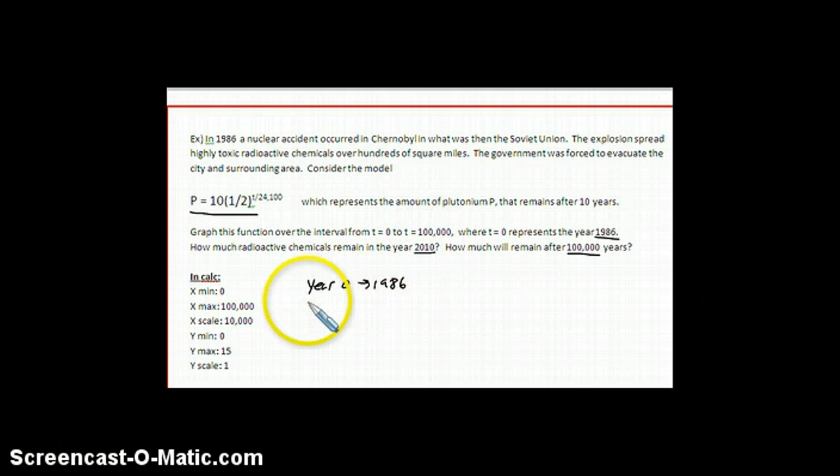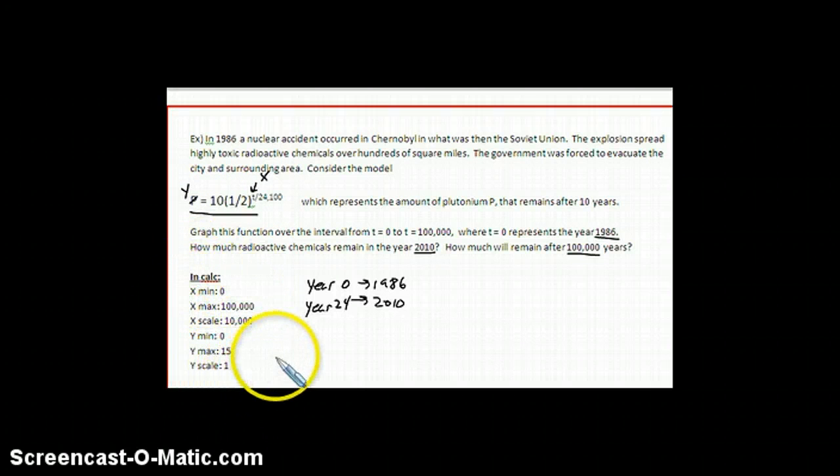Year 2010 then, since 2010 and 1986 is 24 years apart, this would be year 24. So what I would recommend is that you pause the video and you input this into your graphing calculator where your t is really your x and your p is really your y, and change your window to these scales.